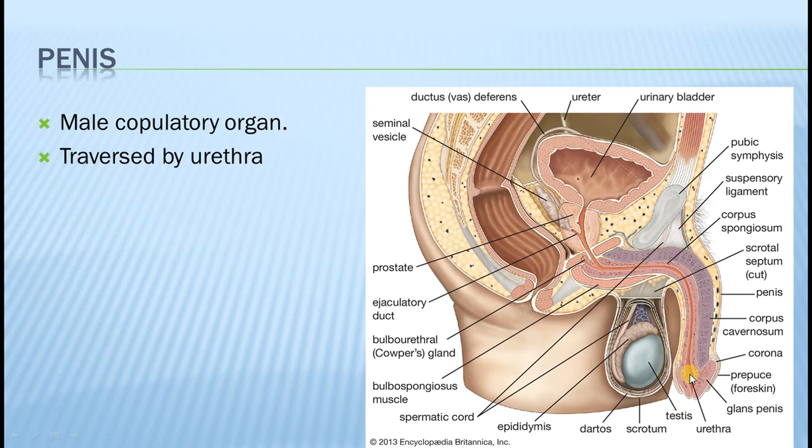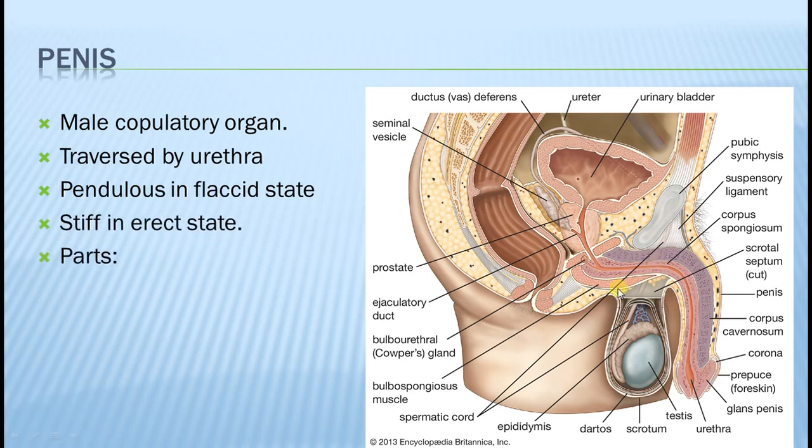The penis is traversed by the urethra, so you call it the penile or spongy part of the urethra. It is somewhat pendulous in the flaccid state, but becomes stiff when it is erect.